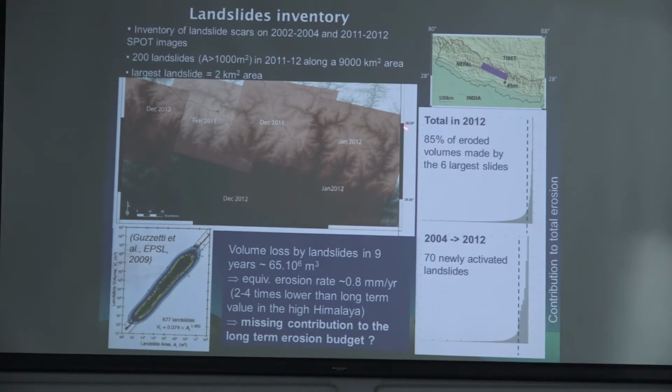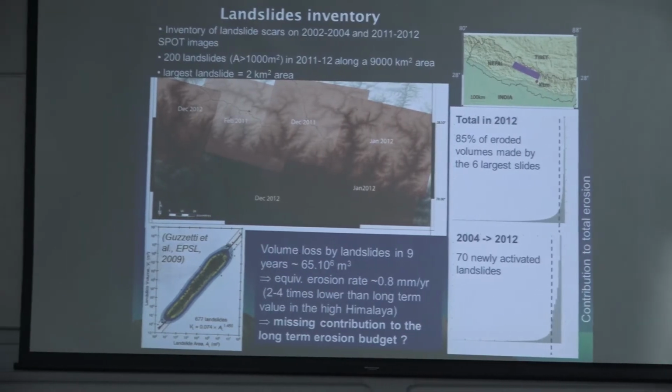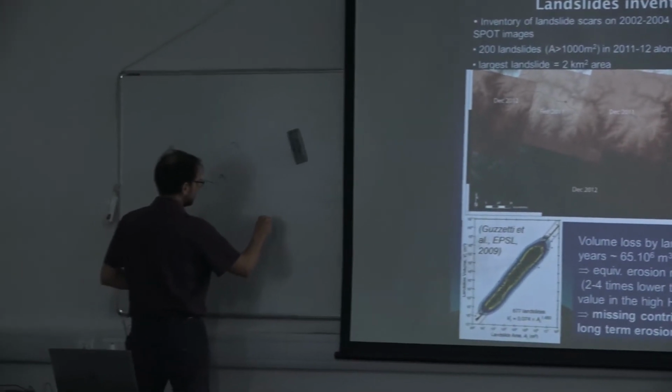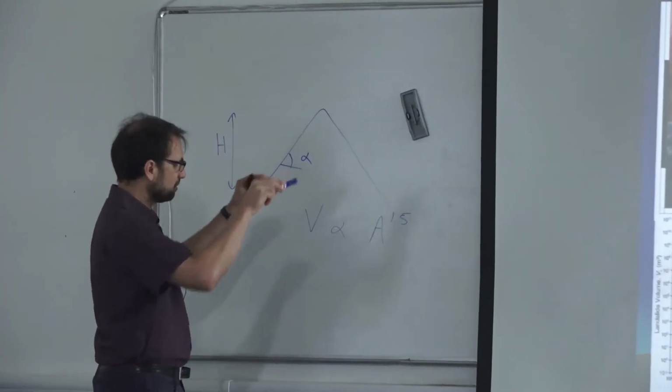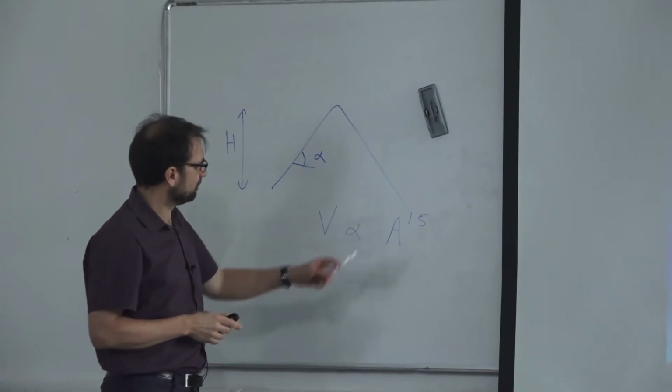Then you have a distribution of different areas or surfaces of landslide, and to transform your surface into a volume, you need some scaling law. So there are several scaling laws in the literature. Classically, we get something which is close to a value of the volume of a landslide more or less proportional to the area of the scar to a power of 1.5.